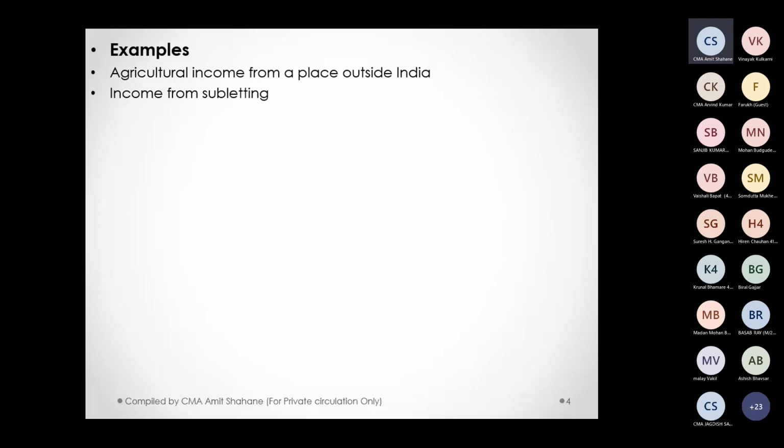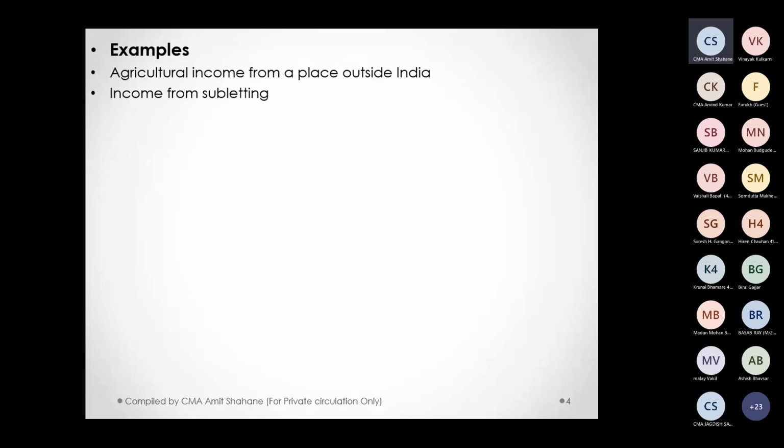So the point is, the standard deduction that you get under house property won't be applicable in case of income from other sources. Therefore, whenever a new client approaches you, or even if you have an existing client, just because he is receiving rent does not mean that rent will be chargeable under the head house property.